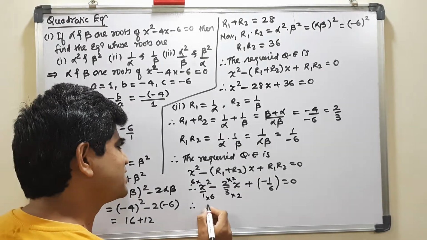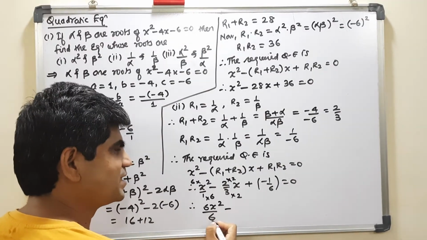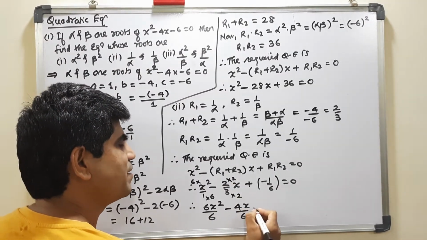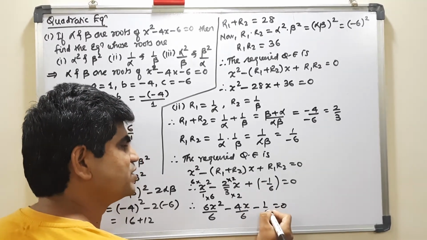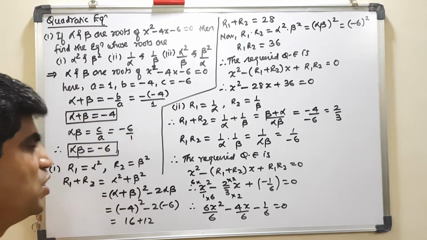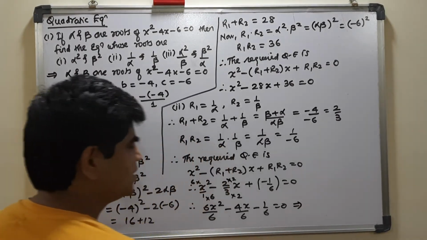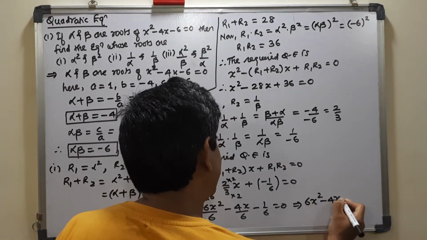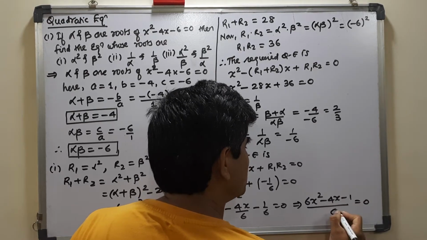So you get here 6x square by 6 minus 4x by 6, plus into minus is minus, 1 by 6 is equal to 0. Right? So finally it turns out to be 6x square minus 4x minus 1 whole upon 6 is equal to 0.